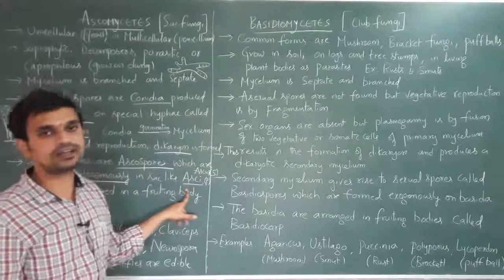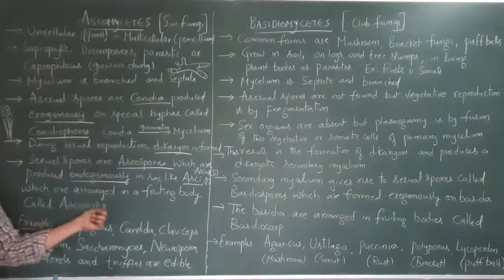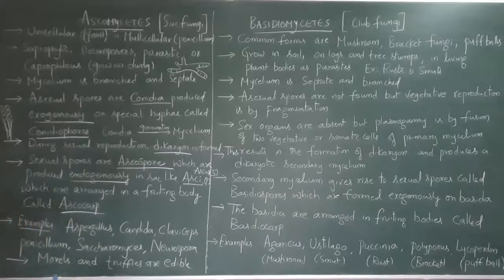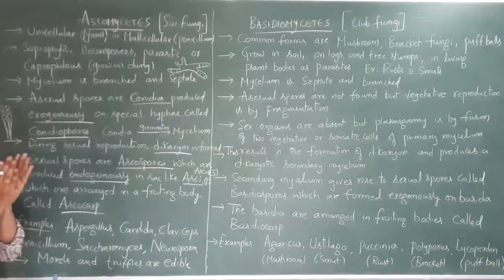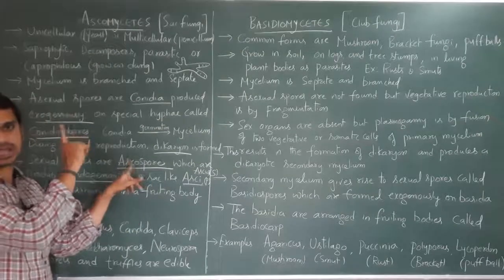Ascus is the singular form, asci is the plural form. Ascospores are produced endogenously. Conidiospores are produced exogenously. The asci are arranged in a fruiting body called ascocarp. So, ascocarp contains ascus. Ascus contains ascospores.